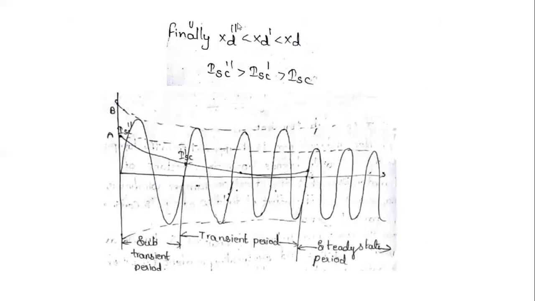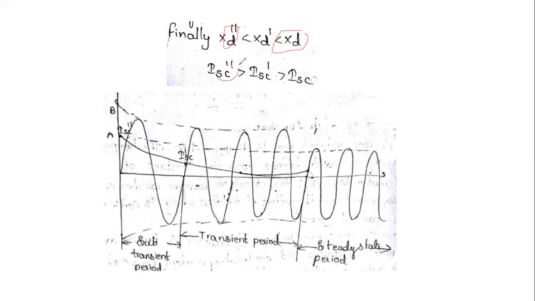Next, finally, we observe the subtransient reactance, transient reactance and synchronous reactance. Therefore XD double dash, the subtransient reactance, is less than the transient reactance, which is less than the synchronous reactance.